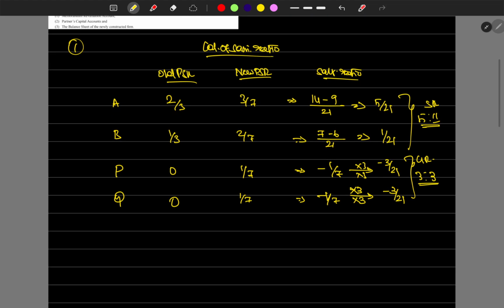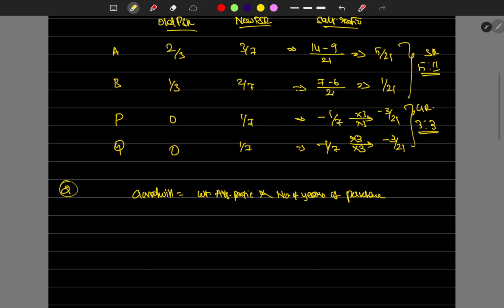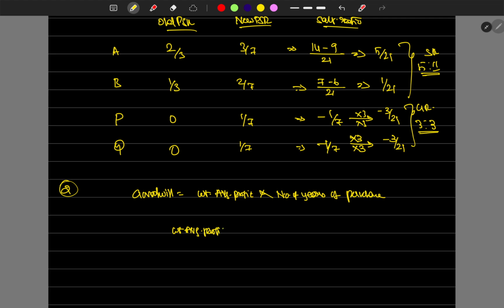Next step is we need to find out the goodwill, right? Okay, how to calculate the goodwill? Goodwill is equal to, in this method they ask for weighted average, so weighted average profit into number of years of purchase, right? What's the weighted average profit? How to calculate?